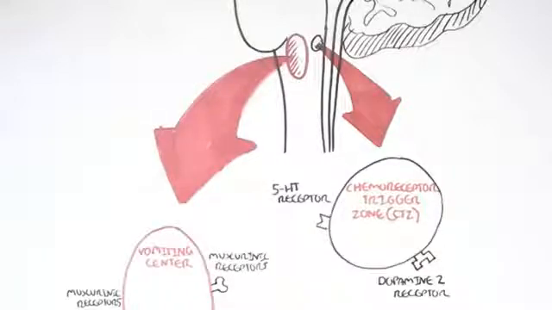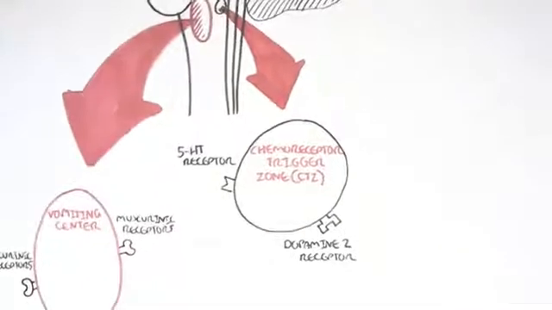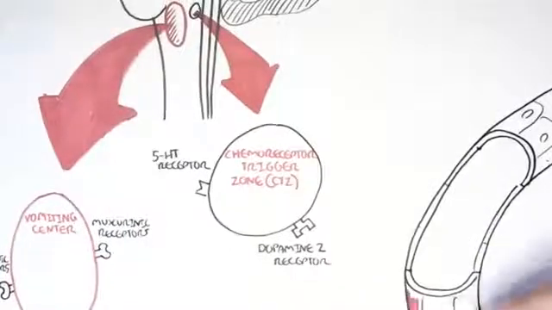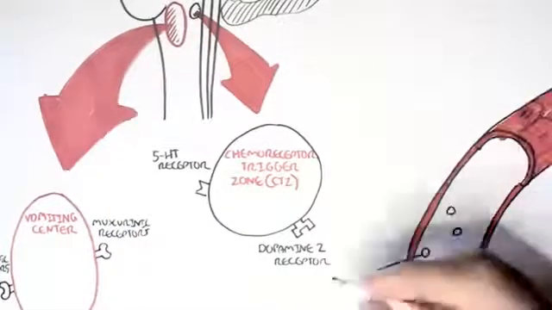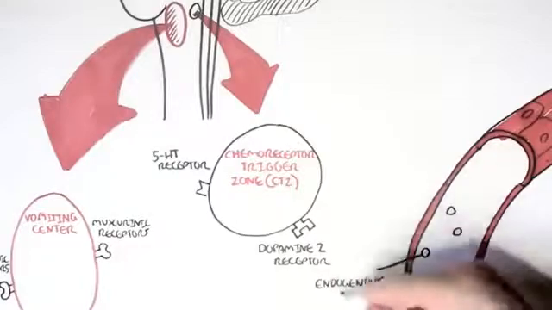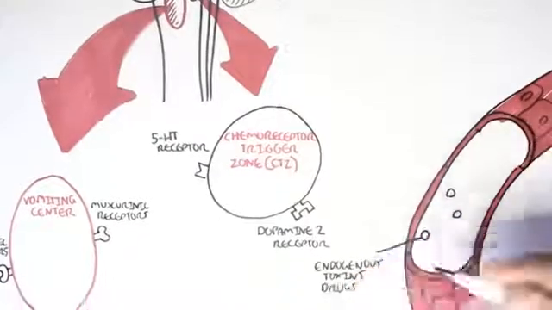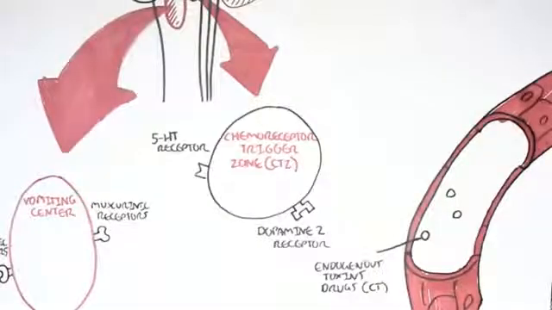Though the chemoreceptor trigger zone is located in the medulla, like the vomiting center, it is actually located conveniently outside the blood-brain barrier, which is a normal barrier to prevent circulating substances in the blood from making contact with the brain and areas of the brainstem. And so the chemoreceptor trigger zone lies outside the blood-brain barrier and is thus more permeable to circulating substances, such as toxins from chemotherapy that are circulating around, or toxins from drugs, digitalis.